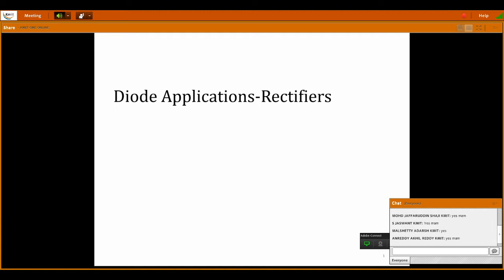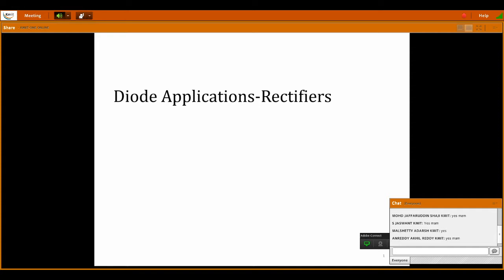So what is a rectifier? First I want to give a description about rectifiers. What is the meaning of rectifier? Rectifier means it rectifies something, but what does it rectify? Suppose there is an input given to a diode, then the output is a modified version of the input.